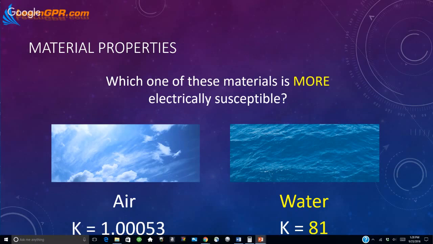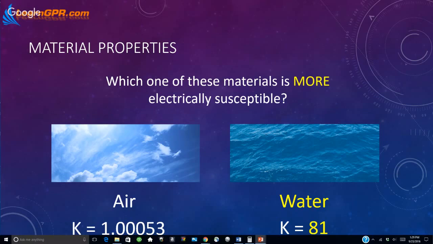And water is the highest dielectric constant material of any naturally occurring material on Earth. There are metals that have been processed that have higher dielectric constants than water, but for naturally occurring materials, water at 81 is the highest dielectric constant that we know of. Air, on the other hand, is almost 1.